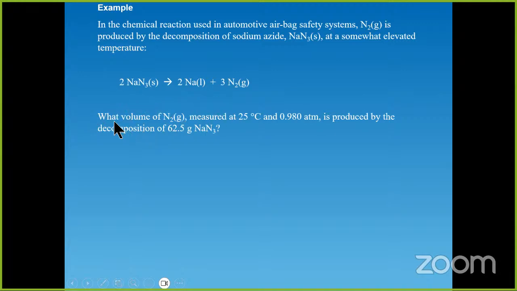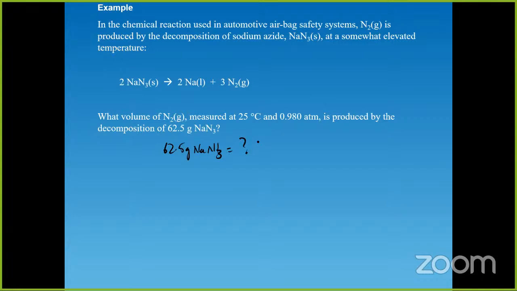And the question says, what volume of nitrogen measured at 25 degrees Celsius and 0.980 atmospheres is produced by the decomposition of 62.5 grams of sodium azide? So basically, you're starting off with 62.5 grams of sodium azide, and the question is asking for the volume of nitrogen.